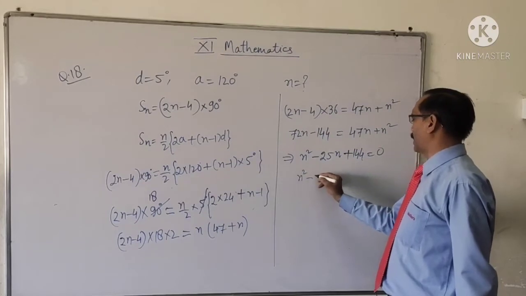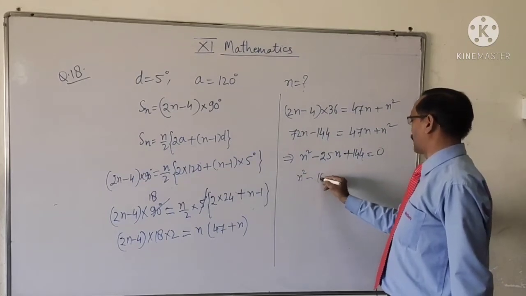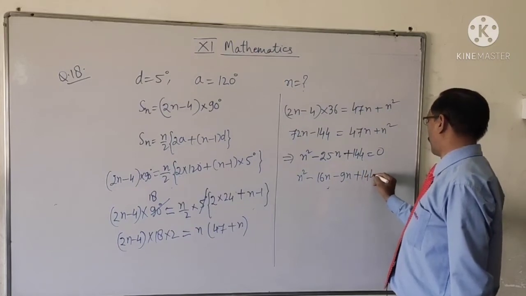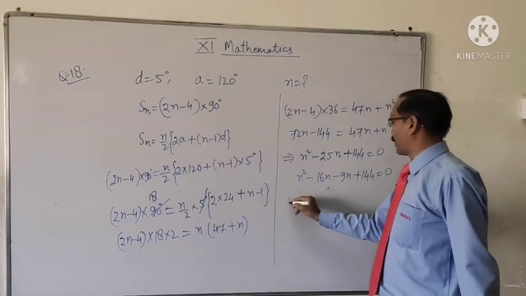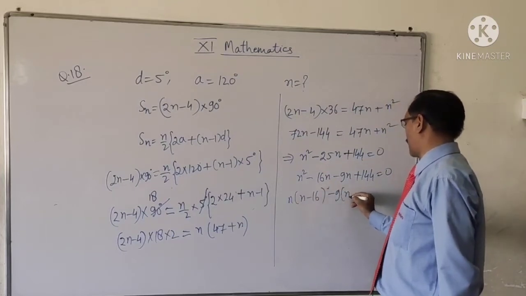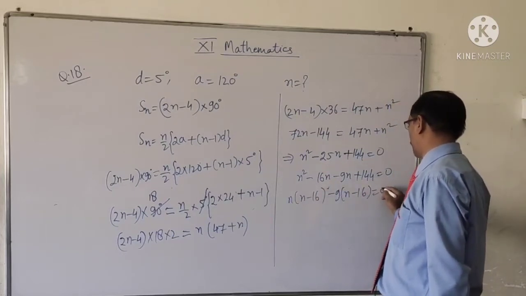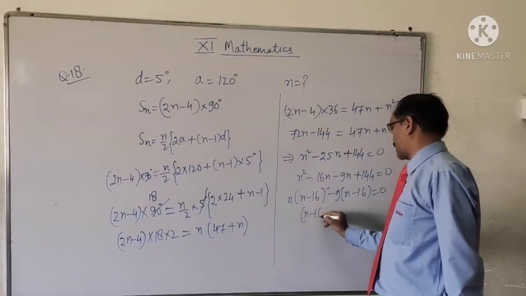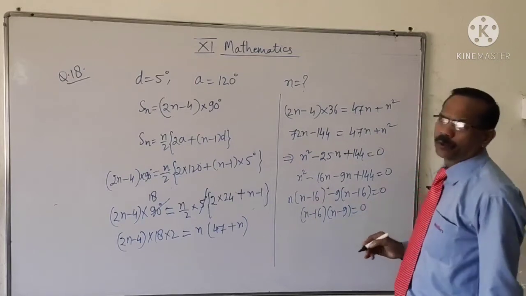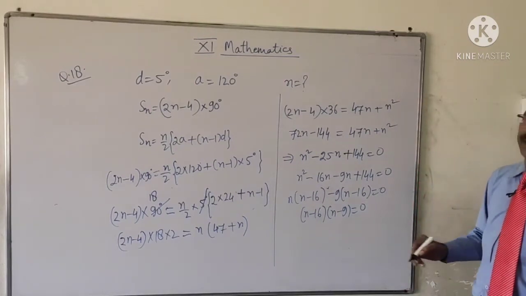Now factor: it is minus 16n minus 9n plus 144 equal to 0. N common, n minus 16, minus 9 common, n minus 16 equal to 0. Then n minus 16 and n minus 9 equal to 0. So the value of n will be 9.